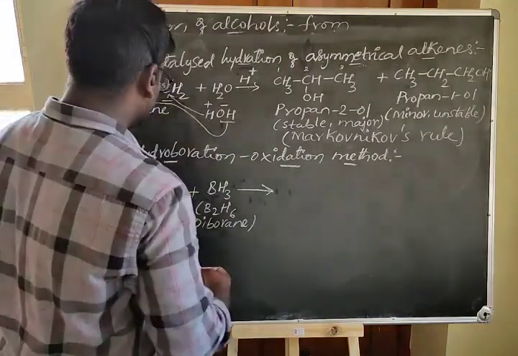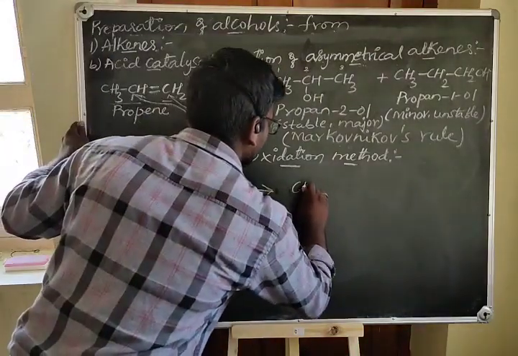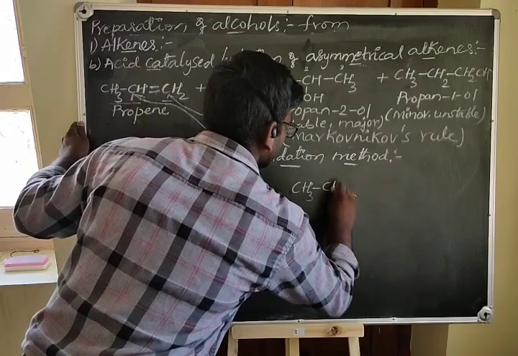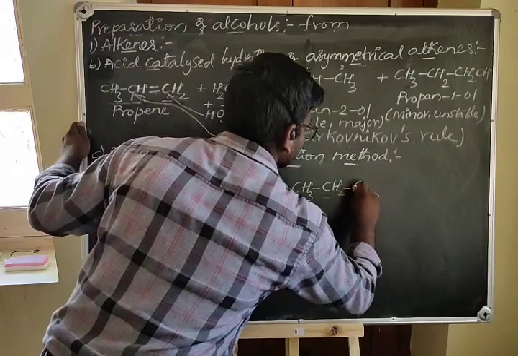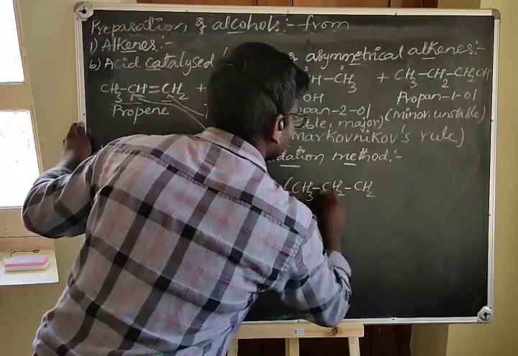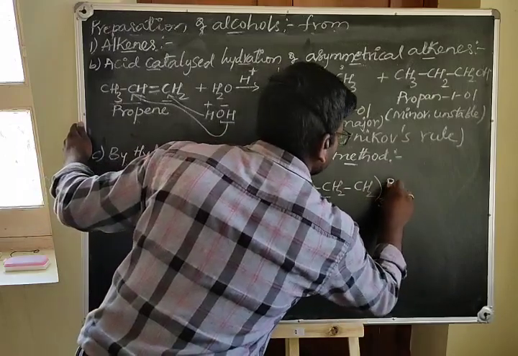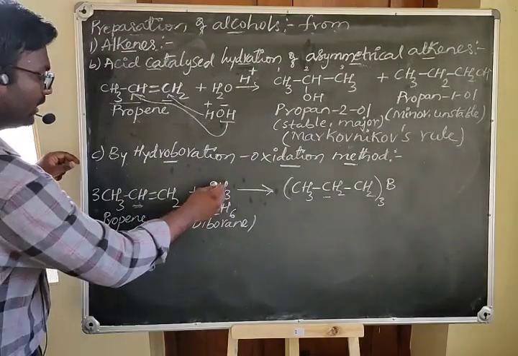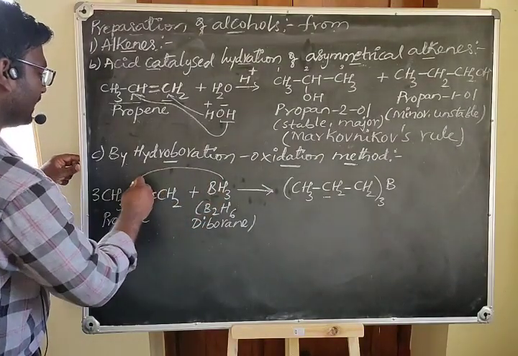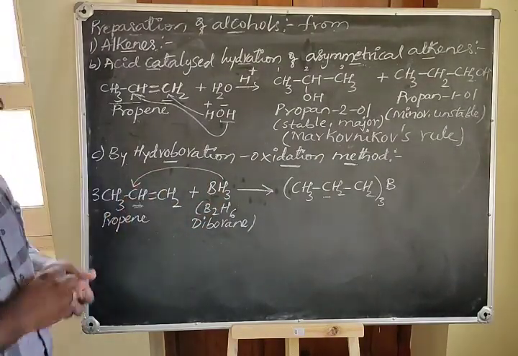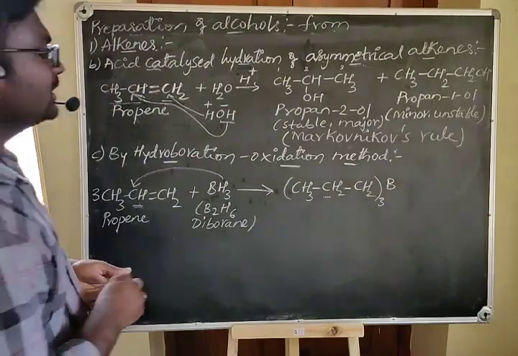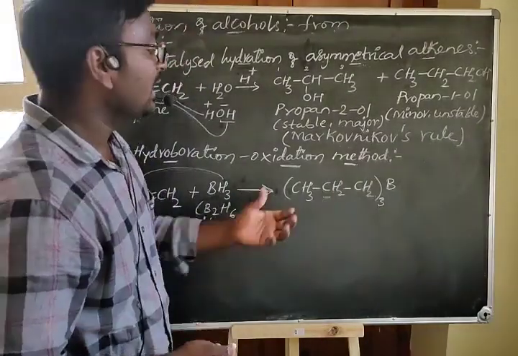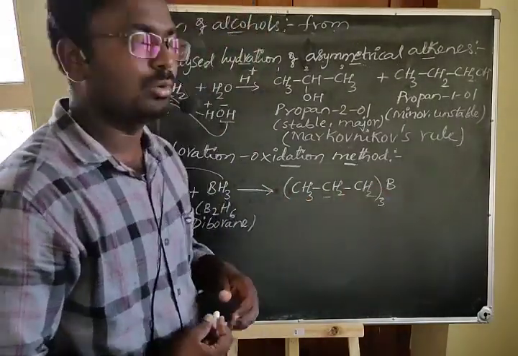In this way, you will see the adduct, that is CH3, CH2, CH2, 3 times, and boron. See here, all the hydrogens are attached to this carbon, and now this compound is called trialkyl boron.